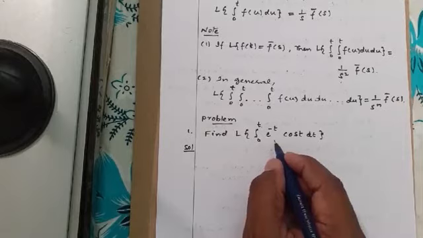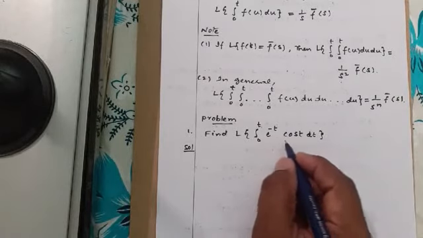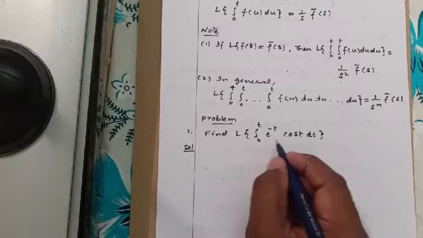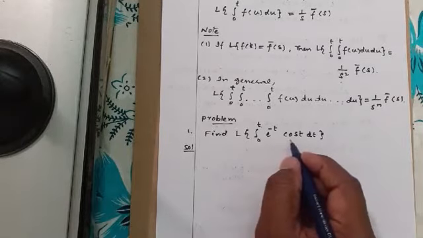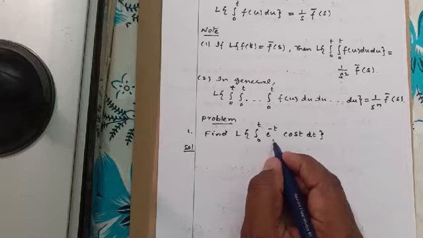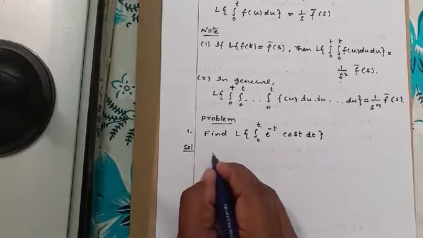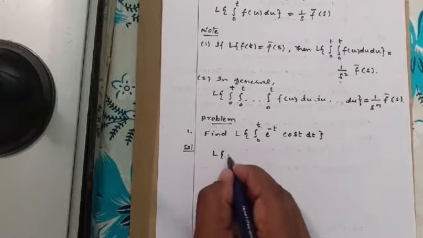First you observe in the problem it is given e power minus t cos t. When f of t is accompanied with e power minus at or e power at, you have to assume that it is from the first shifting theorem. So first we write L of cos t.